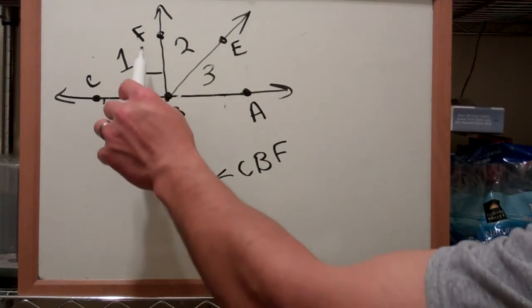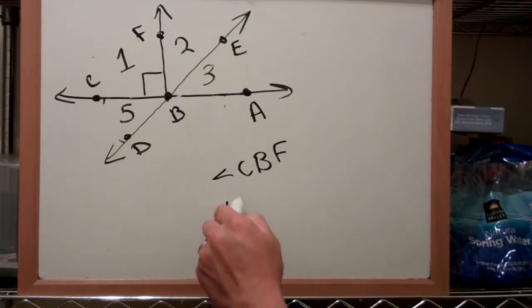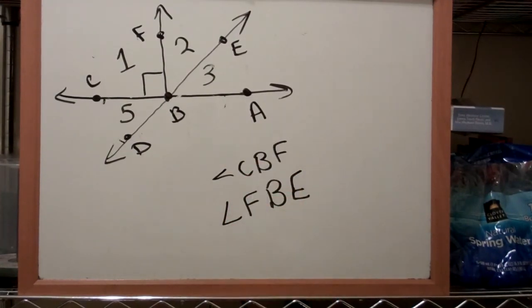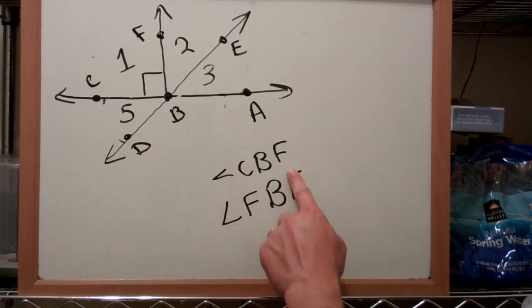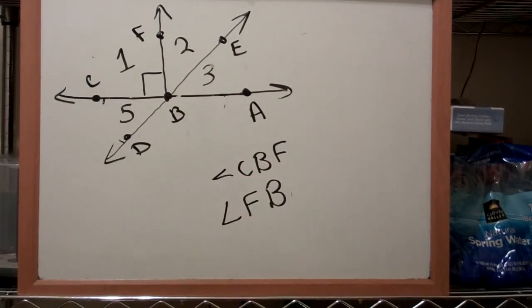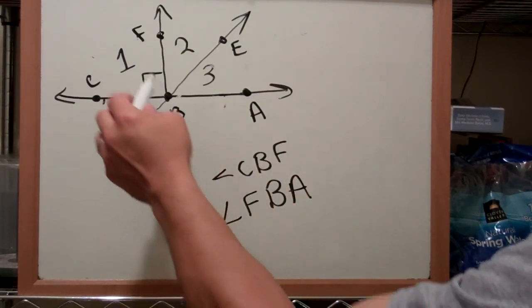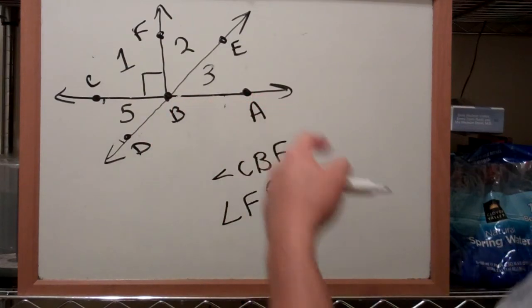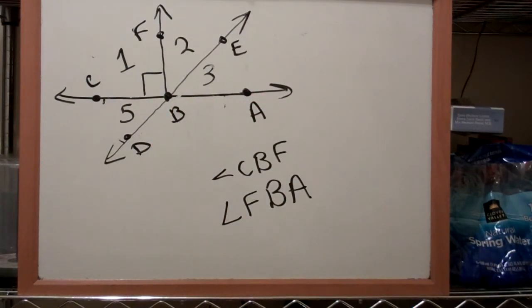We could also say angle FBE, oh, I'm sorry, not FBE, angle FBA. So this being F, FBA would also be a 90-degree right angle. And this concludes our review of classifying angles.